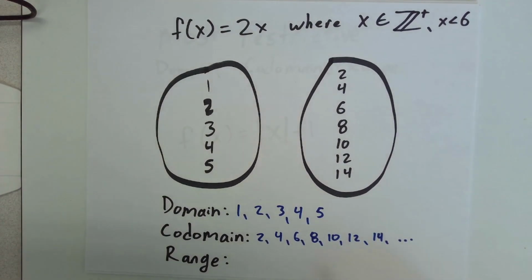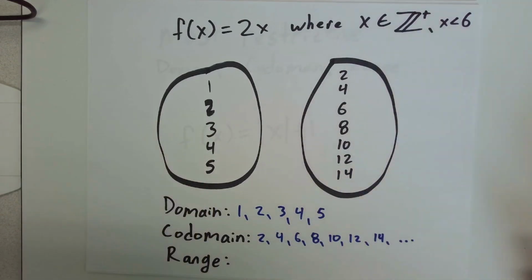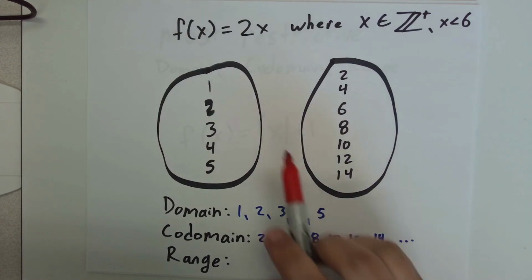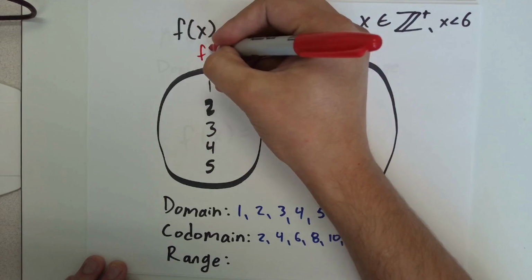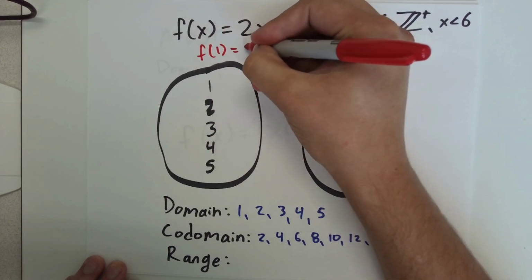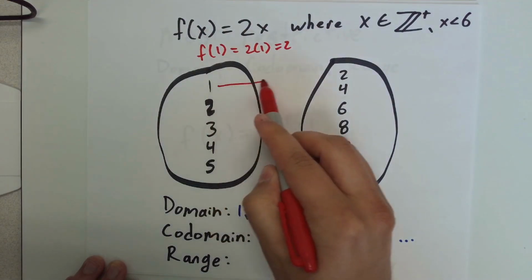Range is not the codomain, but it's a subset of the codomain. The range is the values that this function actually produces. So if I were to take out my red marker here, and I start drawing the lines where if I plugged in an x of 1, so f of 1 gives me 2 times 1, gives me 2, and I just connected the dots.